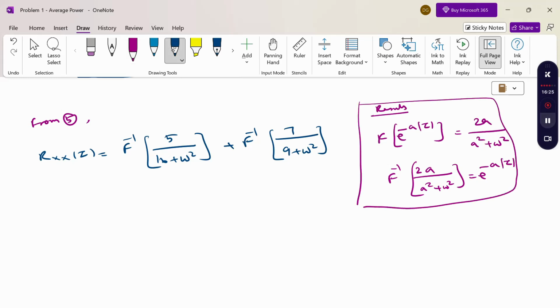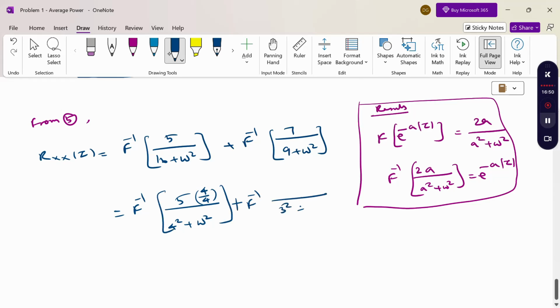But when I compare this result with the Fourier inverse of 5 by 4 square plus omega square, in the numerator 4 is not there. Therefore multiply 4 divide 4. Plus here also 3 square plus omega square, but 3 is not there.